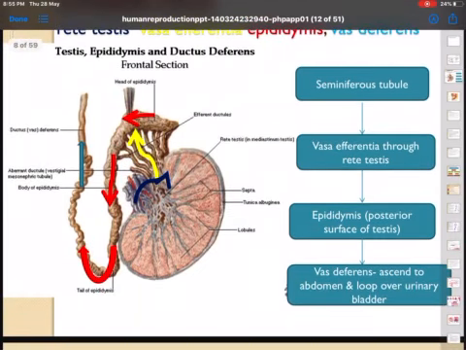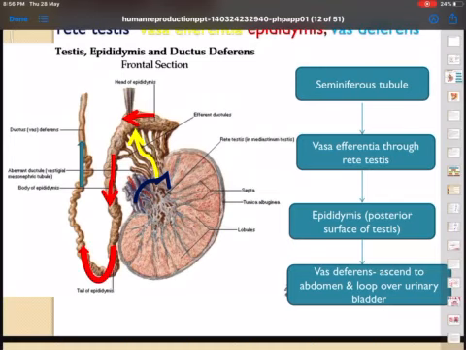To start with, when we take the vertical section of testis, first seminiferous tubules, many seminiferous tubules, and these seminiferous tubules will form vasa efferentia, and vasa efferentia will become rete testis, and rete testis will further enlarge and form epididymis, and epididymis comes out of the testis.